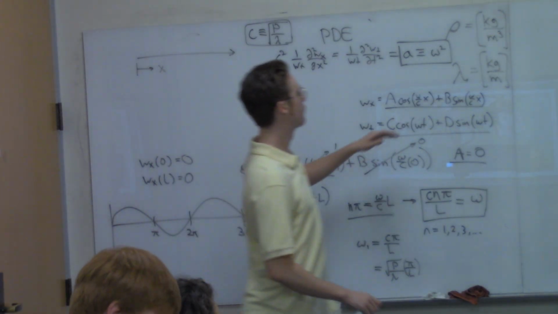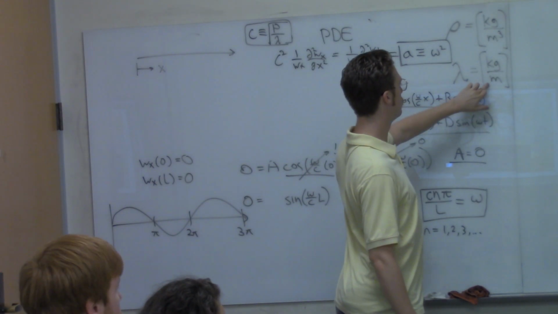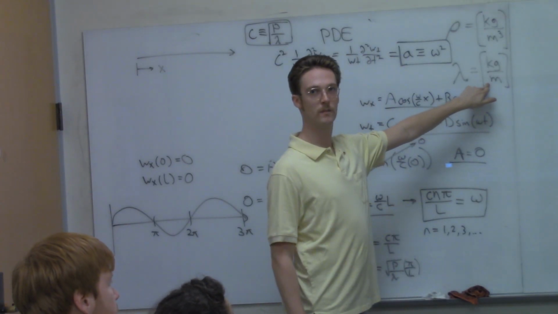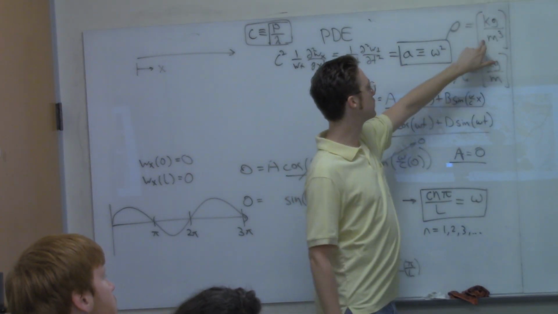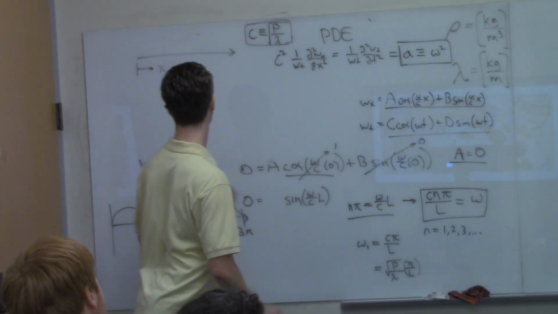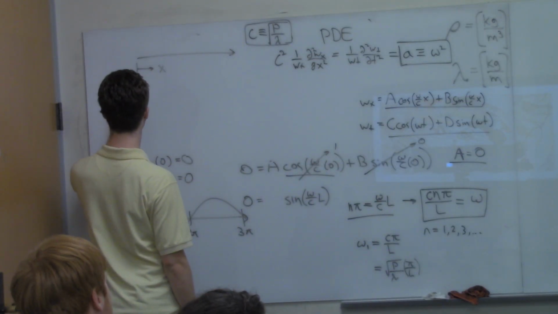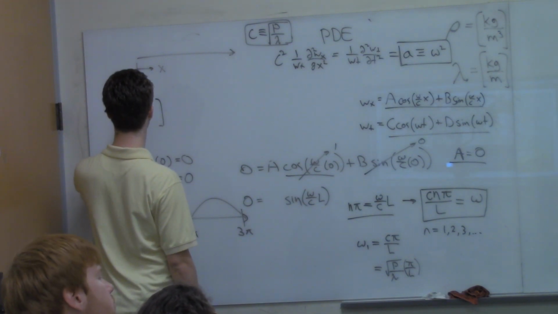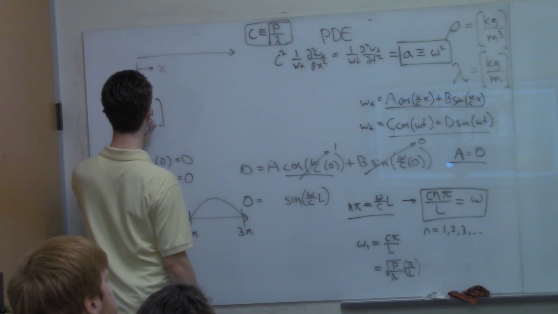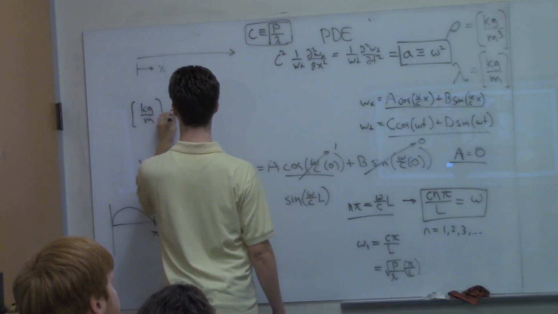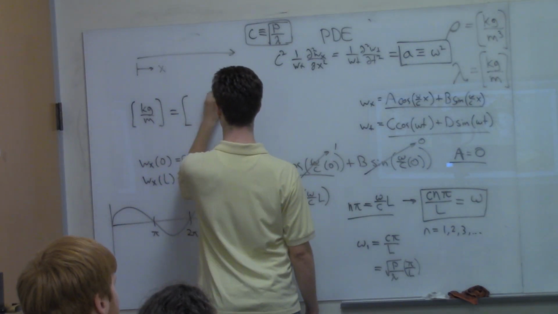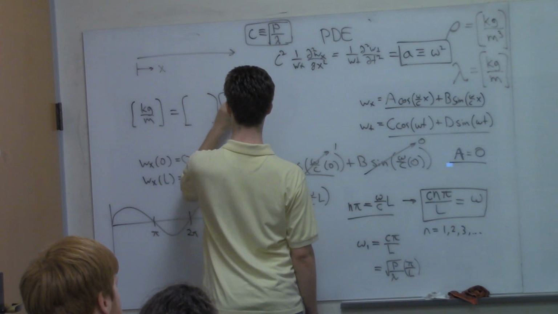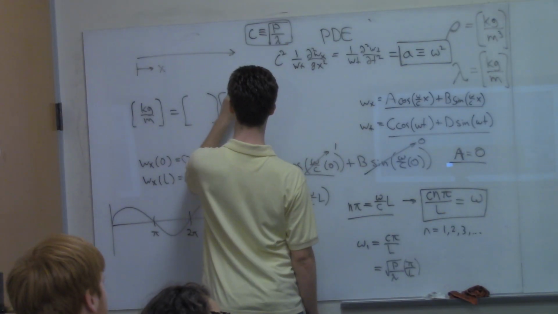So, kilograms per meter. Kilograms per cubic meter. I want some type of proportionality constant between kilograms per meter and kilograms per cubic meter.